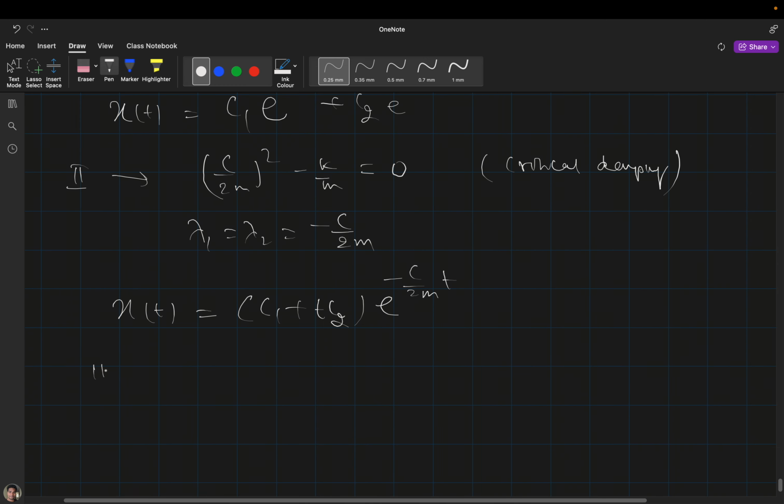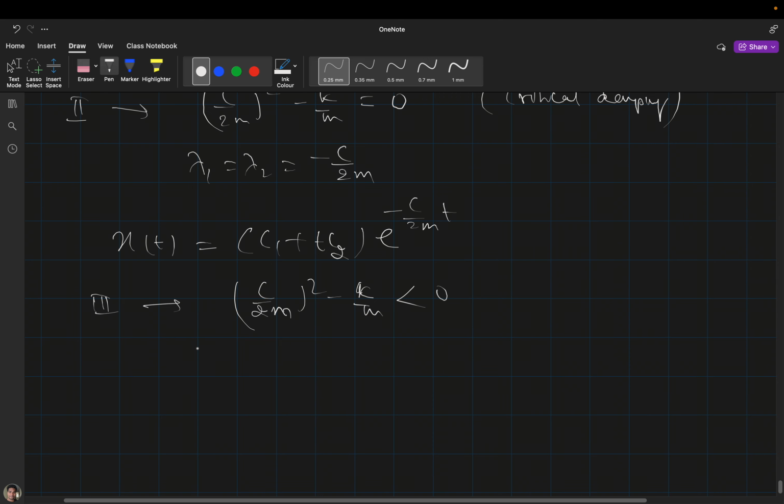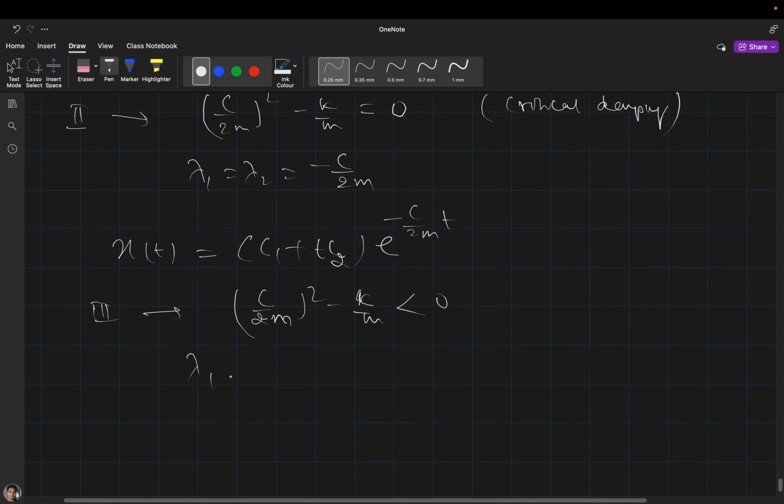Okay, and when you take under damping, that will be (c by 2m) squared minus k by m less than 0. Then you will get an imaginary solution. Then you can write lambda 1 equal to a plus i omega, I will write in this form.